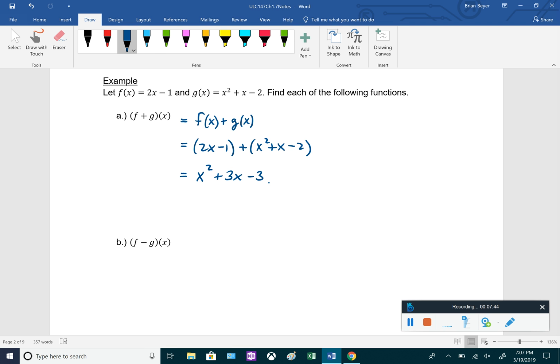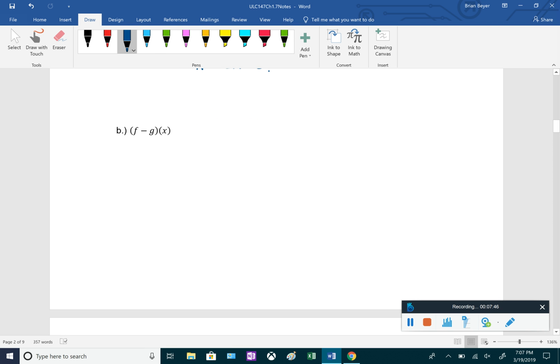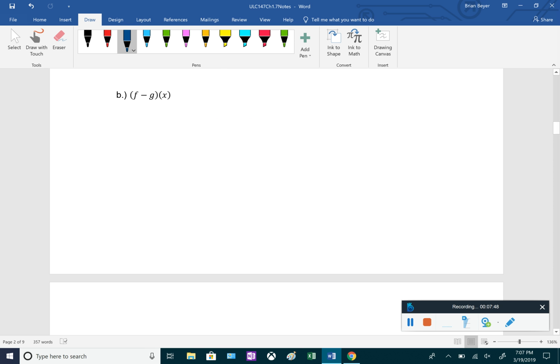Same thing for this next one. We have (f minus g) of x. If it helps, we write it out as f of x minus g of x. And we have 2x minus 1 minus (x squared plus x minus 2). So we could have gotten away in the last one without putting parentheses around it.